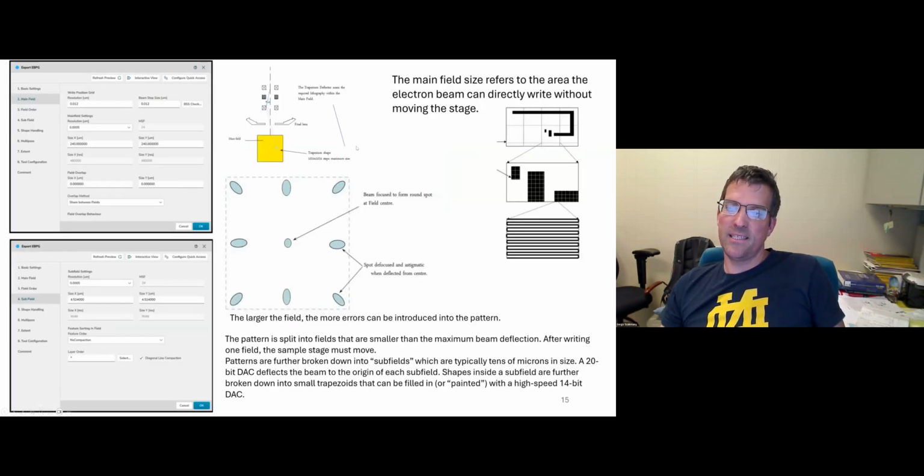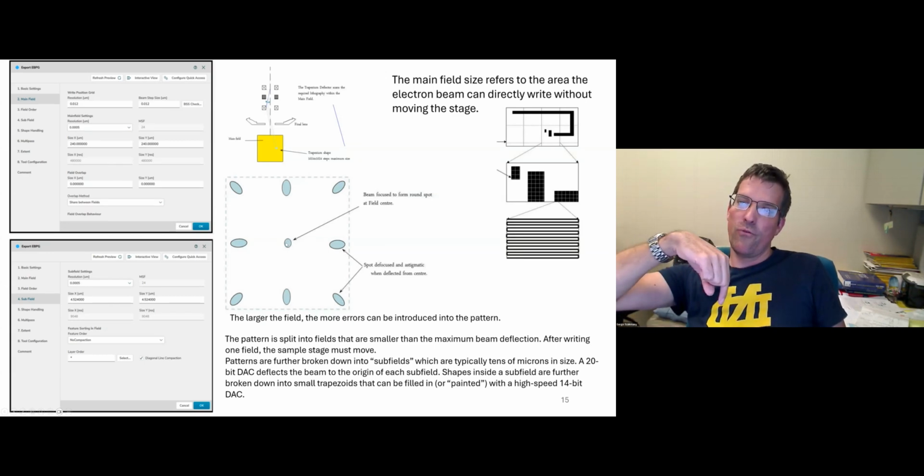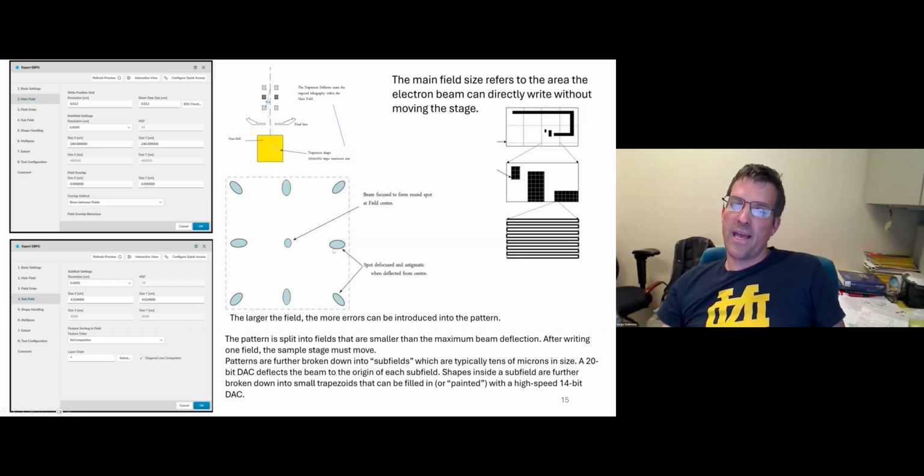The center of the field is right above the column, and as you deflect the beam to the side, you get larger and larger distortion in the beam shape, and therefore cause some issues in your exposure.